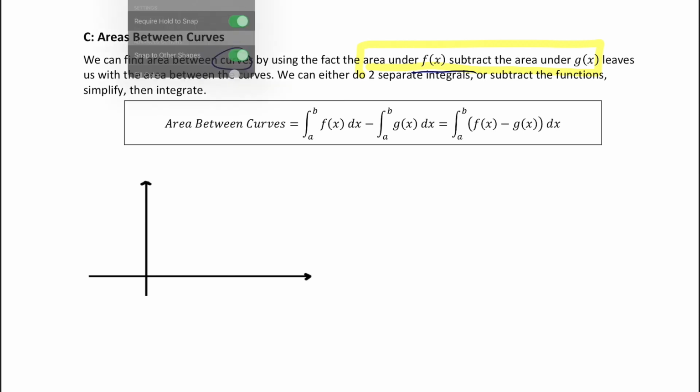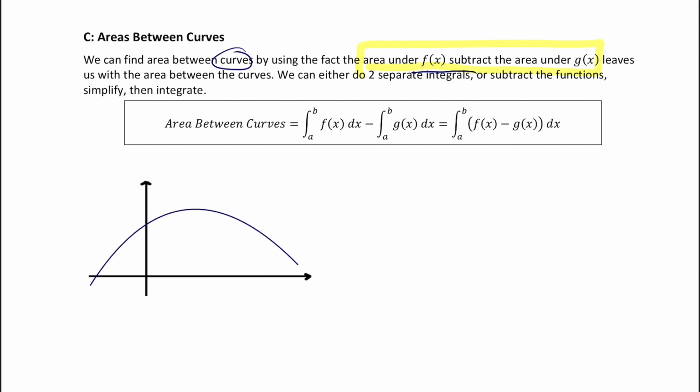So if we have a function like this, and then another function like this, let's say the red colored one is g of x and the blue colored one is f of x. In this case, you can clearly see that f of x takes the higher part of your Cartesian plane.